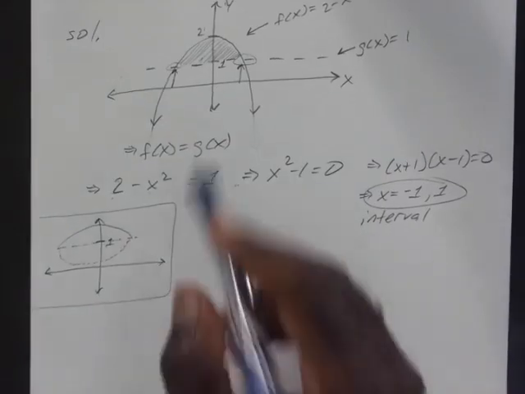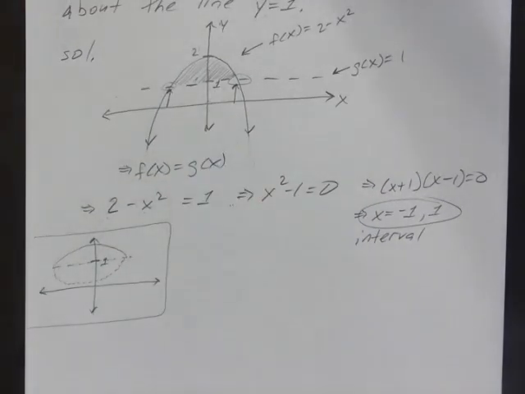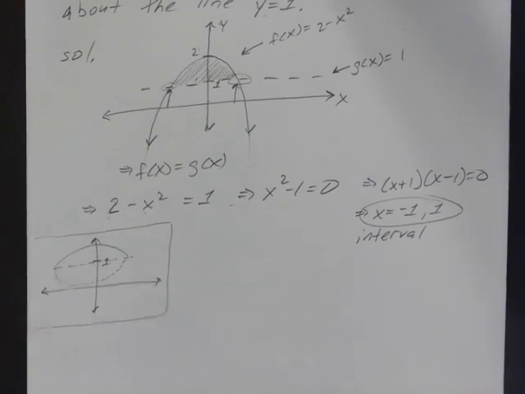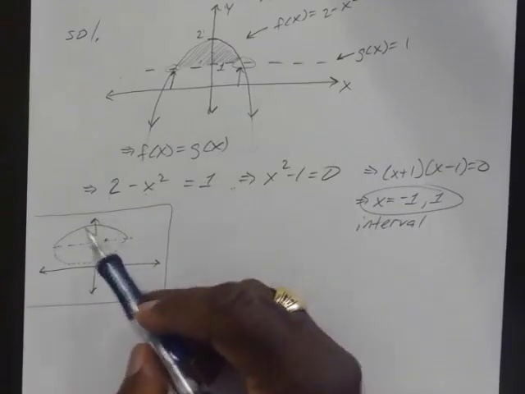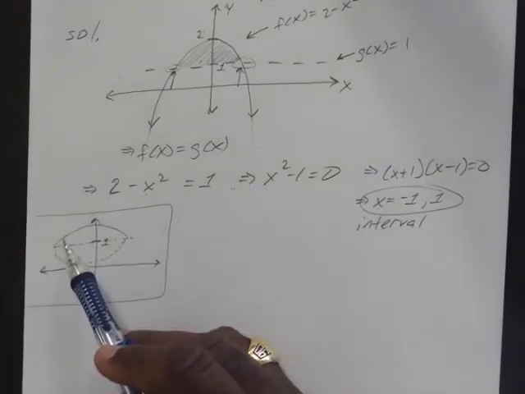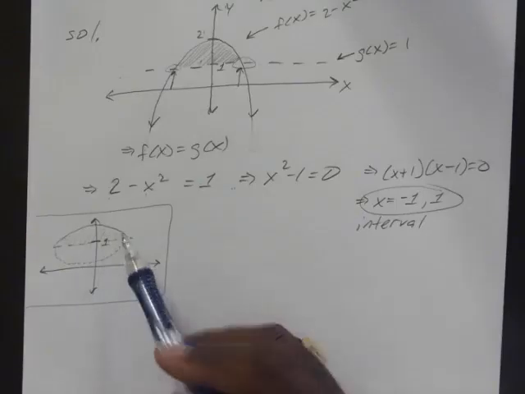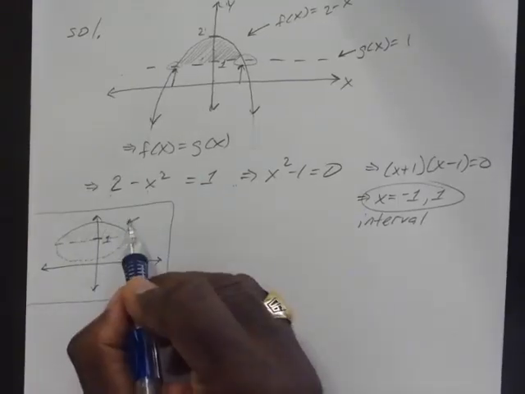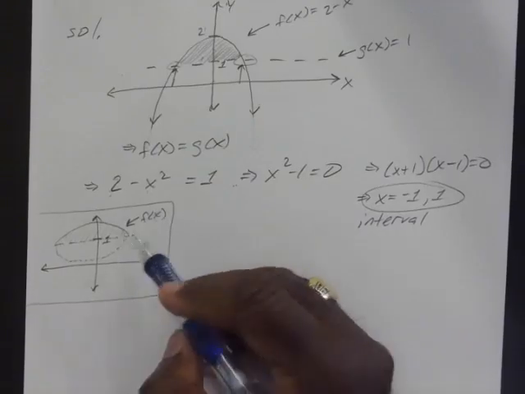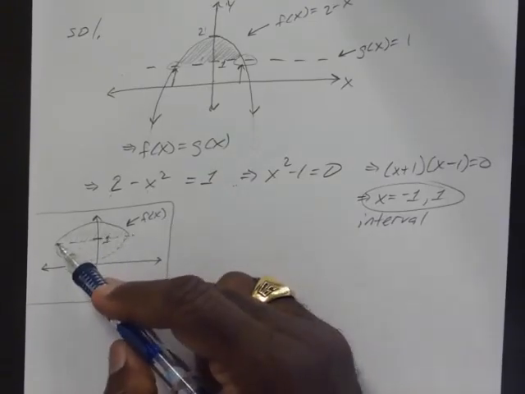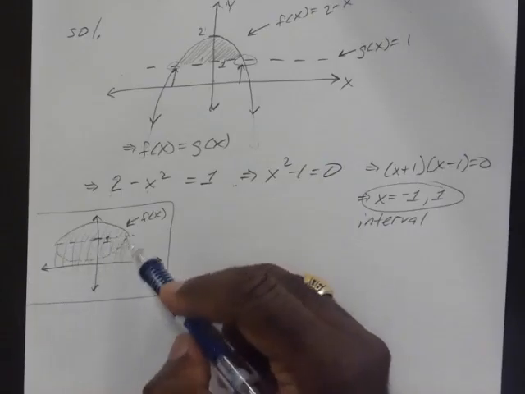That means we're going to take that section and just flip it across y is equal to 1. So if we take the volume of our f of x, that gives us the volume of everything all the way down to the x-axis.